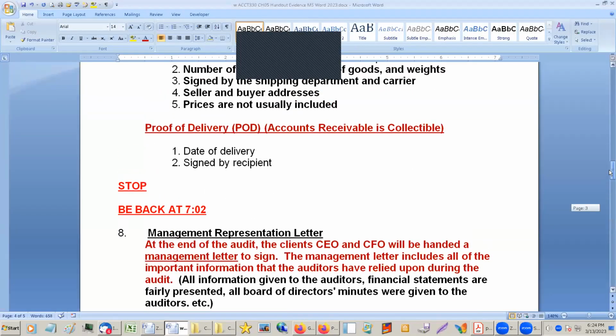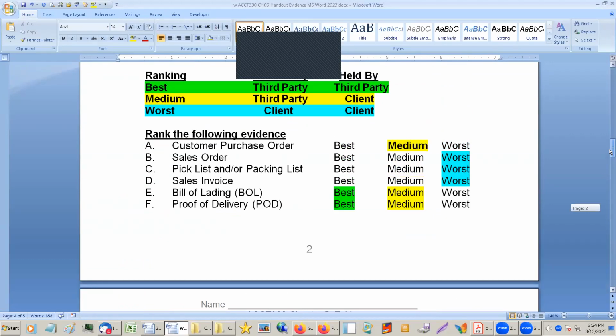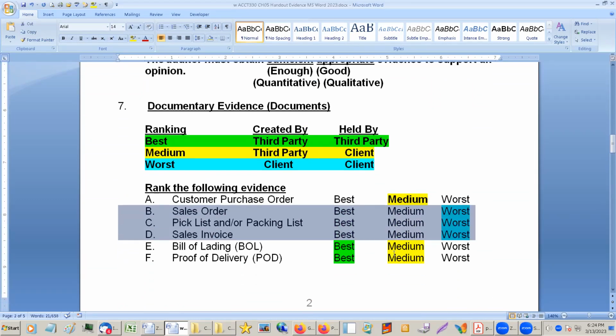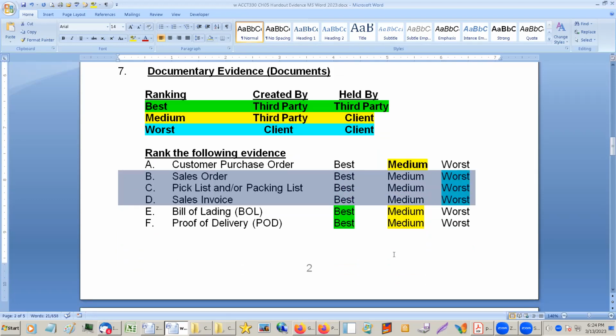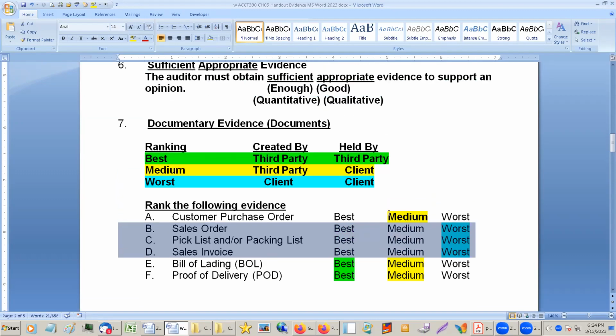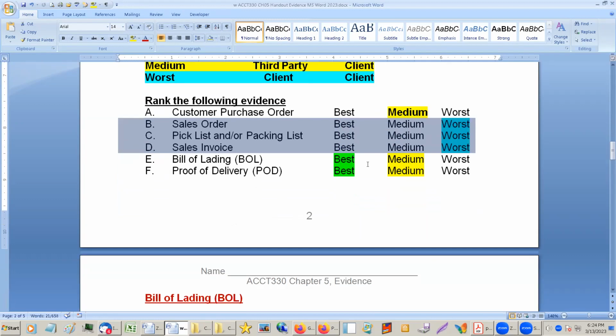Notice that the documents we have for accounts receivable from IBM are going to be the worst documents. The bill of lading won't be, but the rest of these are going to be the worst documents. So we want to take these worst documents and send them out to the actual customers of IBM and say, okay, this is what IBM says you owe. Do you really owe this?